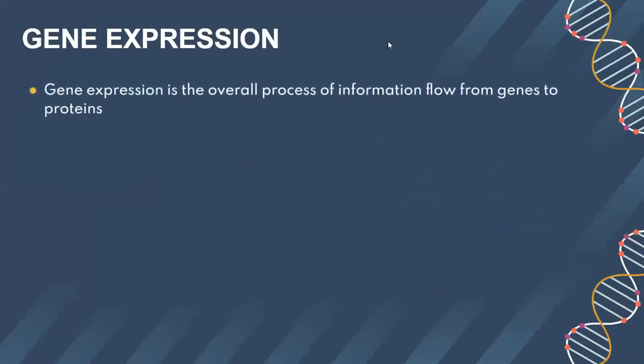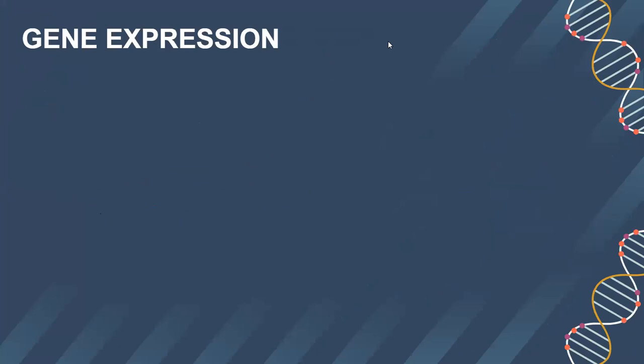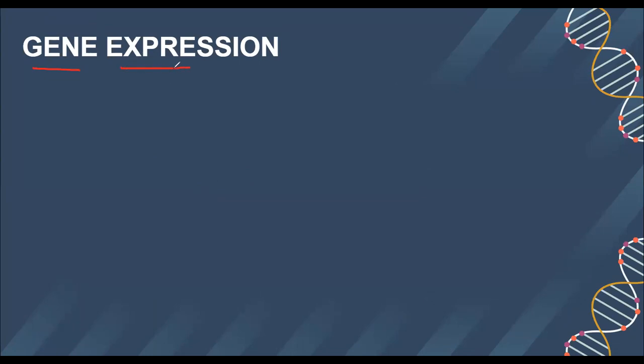Now, what do we understand by gene expression? If you look at the terminology over here, gene getting expressed. This expression is quite regulated. Take any gadget or device in your house, a simple example of a fan.